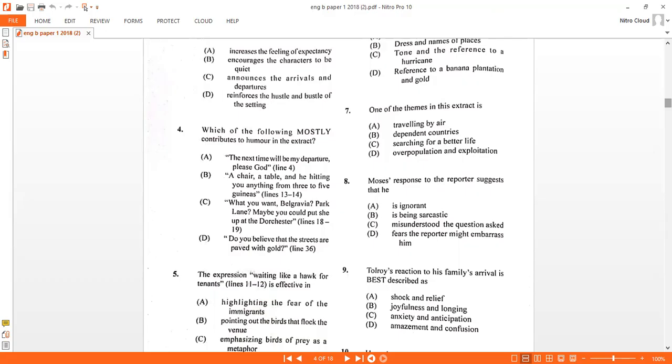It should be easy because we know something about the characters. The character is looking for somewhere to stay. As he's waiting on his mother at the boat train station, he wants to find somewhere to put her.